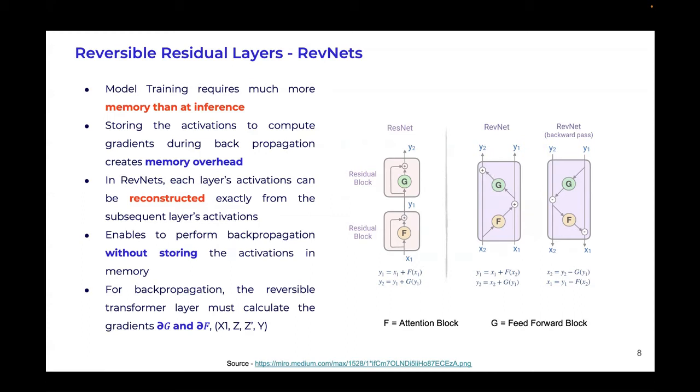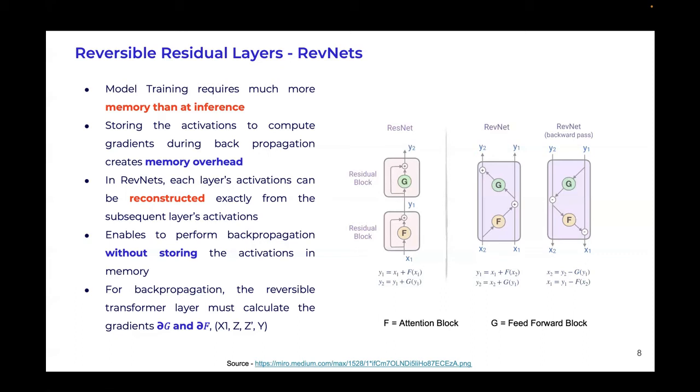Why is this of more importance? As I mentioned, with the increase in the number of layers in deep learning architectures, the number of activations that get stored in order to compute the backprop gradients would increase a lot. That is where this RevNet architecture was introduced.